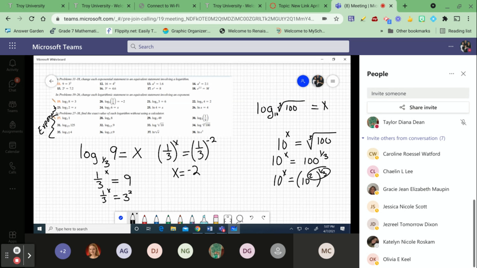That's a multiply. So I have 10 to the x is equal to 10 to the 2/3. So x is equal to 2/3. Okay?